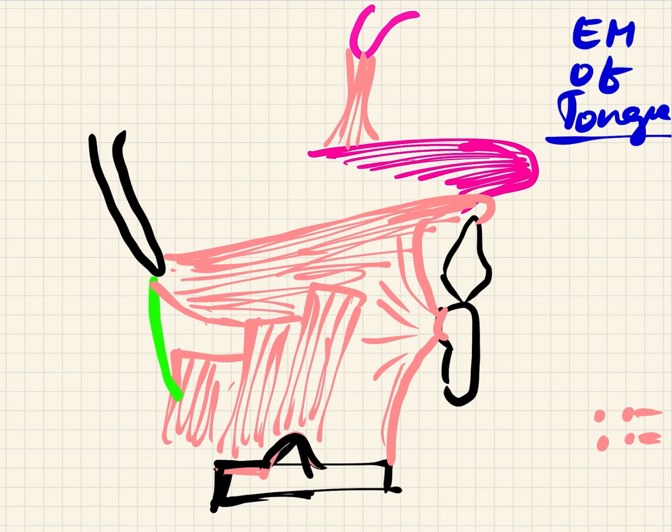As it is coming from the top, its action is pulling the root of the tongue upward and approximating the palatoglossal arch. We know on the lateral margin you'll be finding the palatoglossal arch. This is all about the extrinsic muscles of the tongue.